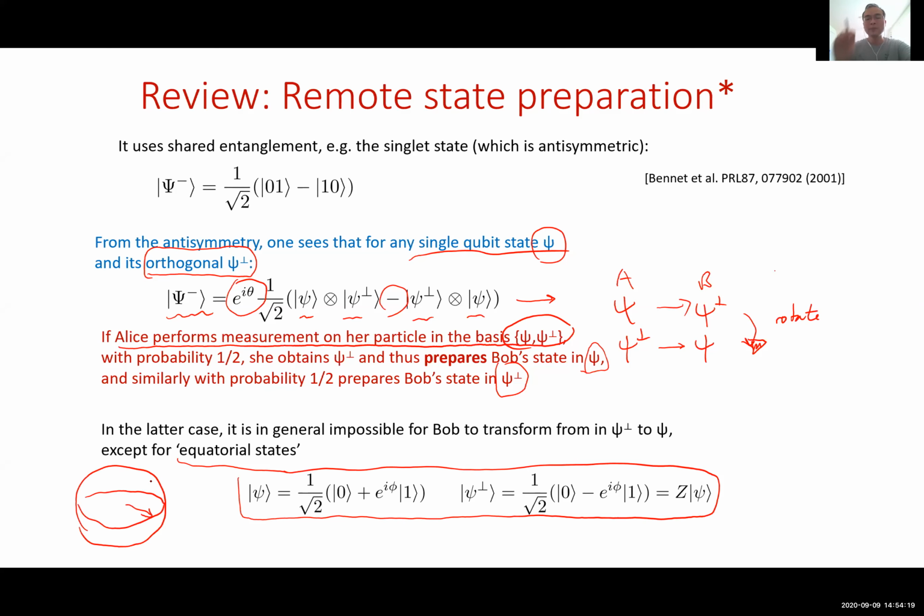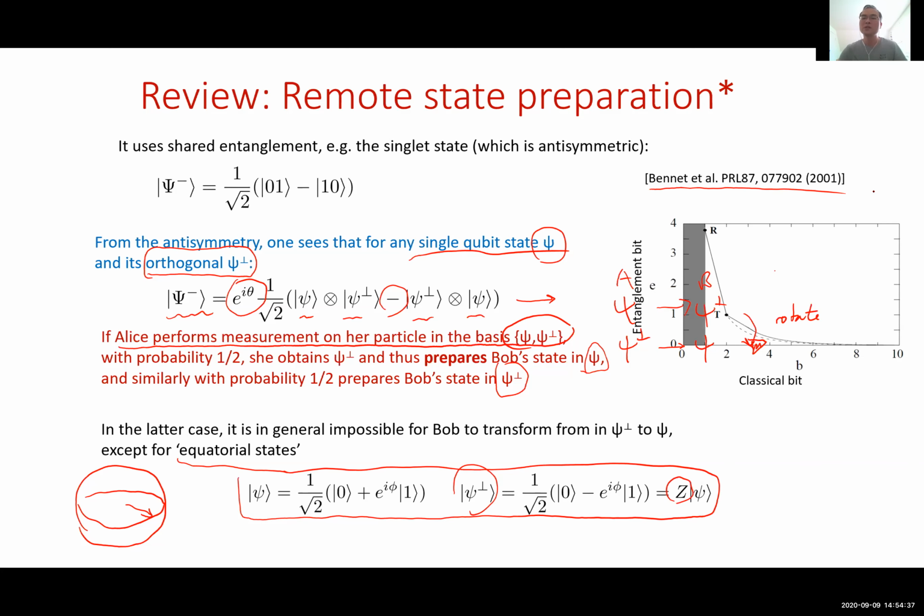Okay, because the perpendicular one can be corrected by just a phase flip. So this was discussed more generally in this paper. What they discuss in this paper is the task of remotely preparing a certain state, and they want to balance the resources.